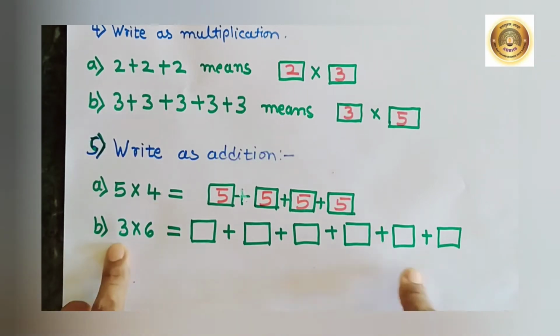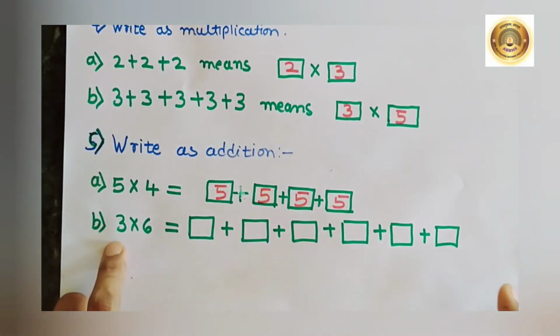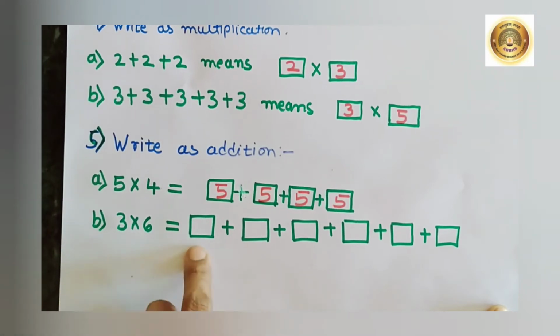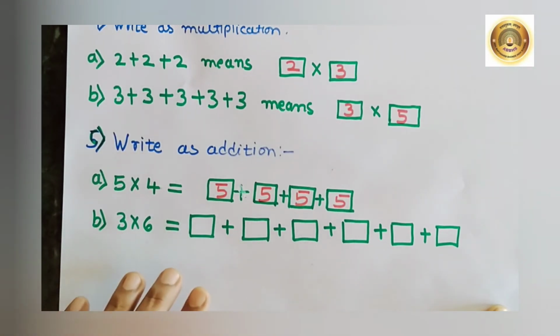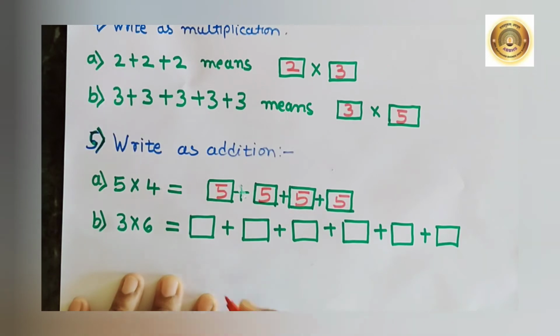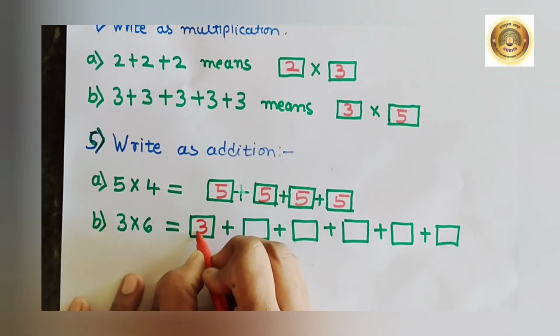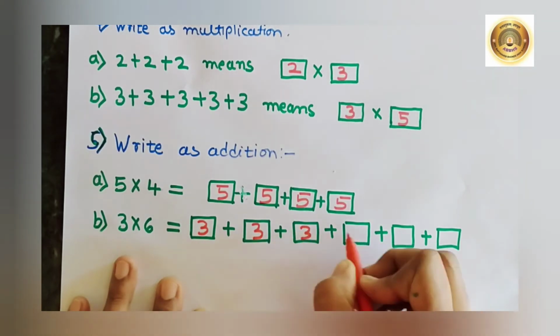Here see, tell me which number is repeating again and again? The first number, means 3 will repeat here in this repeated addition equation. And how many times is it repeating? 6 times.